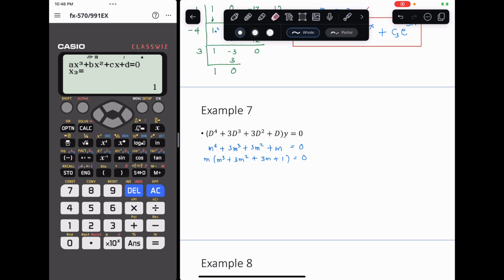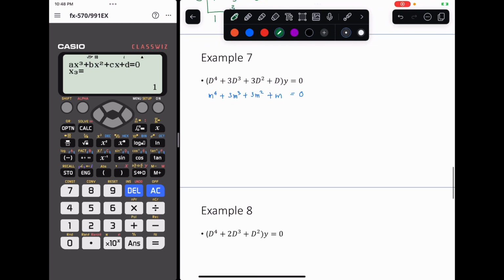If I'm going to start right away with synthetic division, how am I going to write this? As 1, 3, 3, 1, and 0. For the first one, I'll start with 0 because I already know that one of the roots is 0. I'll bring down 1. 1 times 0 is 0.